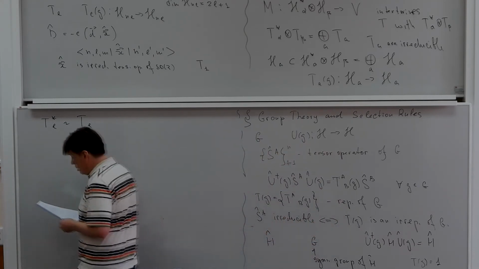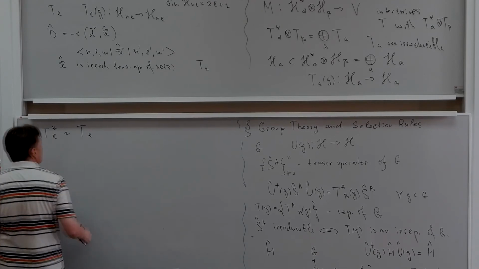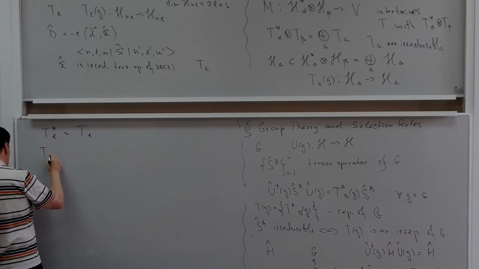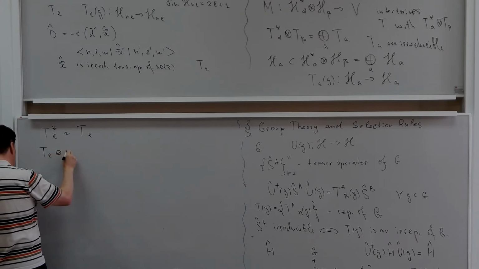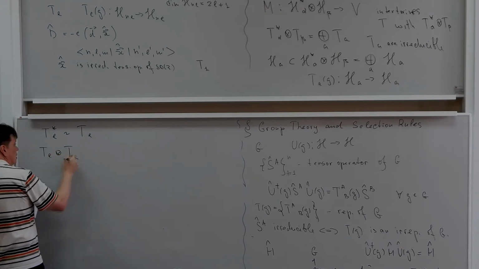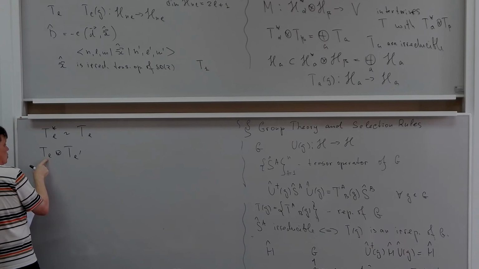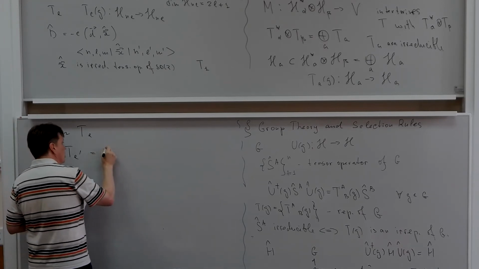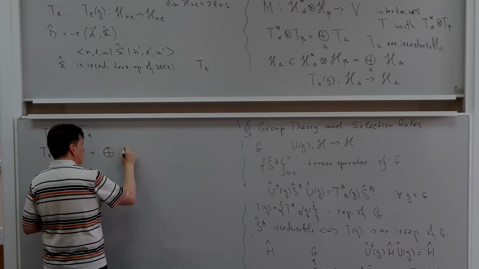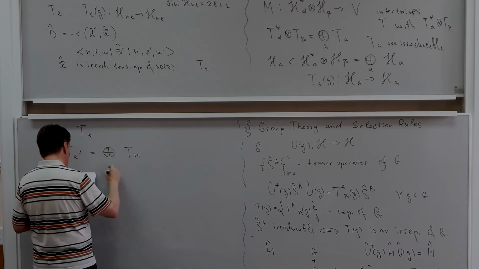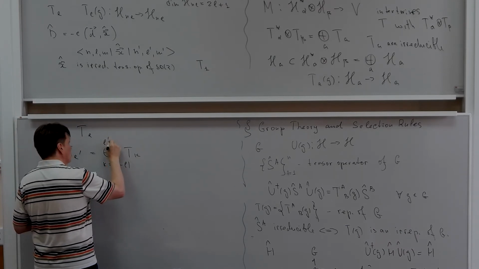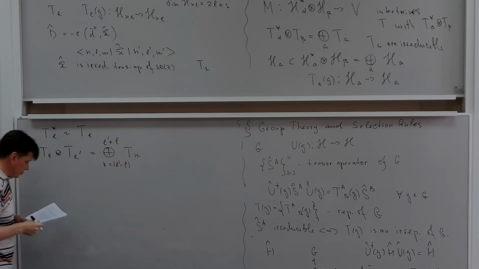Furthermore, the following decomposition for the tensor product takes place. Taking the tensor product of the representation T_L with some T_L', we get a direct sum of representations T_k, where k runs from |L' minus L| to L' plus L.